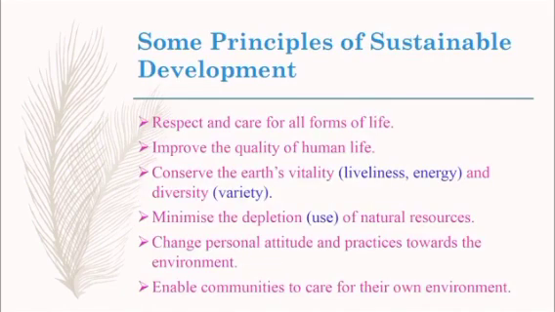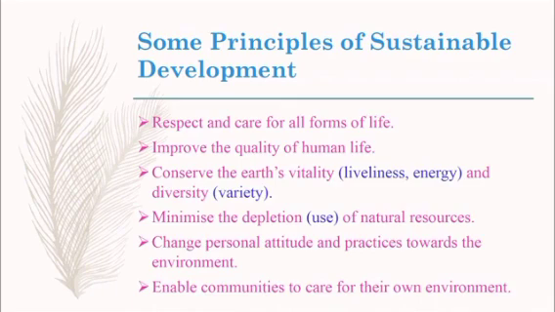Next, we are going to learn about some principles of sustainable development. The first principle is respect and care for all forms of life. The second principle is improve the quality of human life. The third principle is conserve the earth's vitality and diversity.